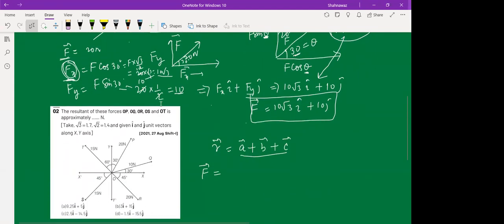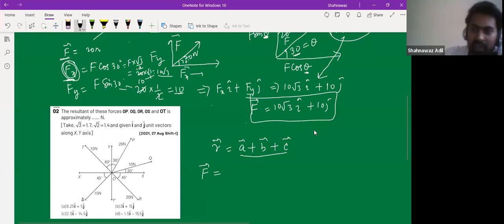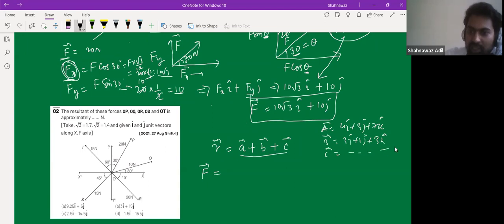So let's say you have A, this is 4i plus 3j plus 7k, and you have B, which is 3i plus 2j plus 3k, and you have C, which is something i, something j. So you can always calculate the resultant as A plus B plus C because it is easy in the Cartesian form.